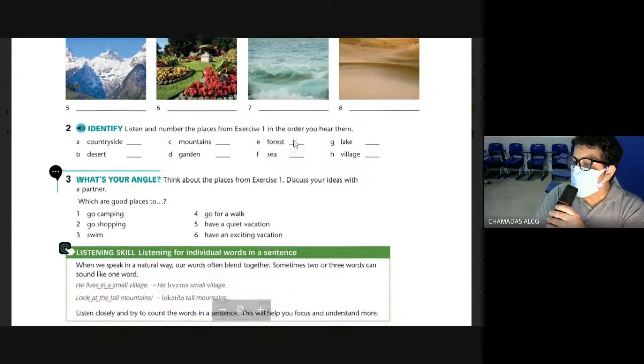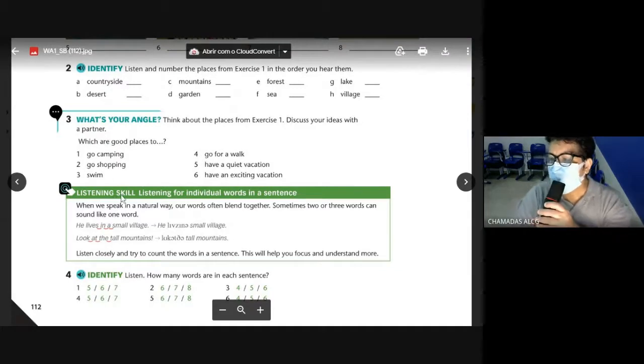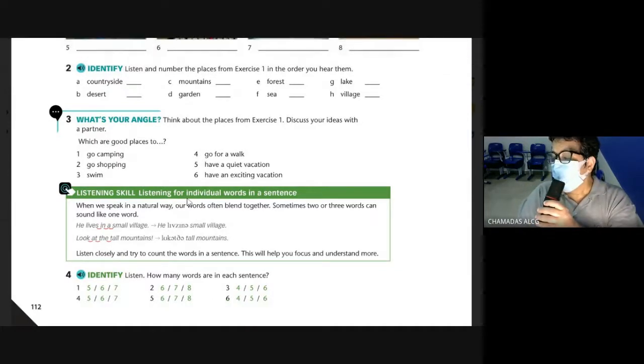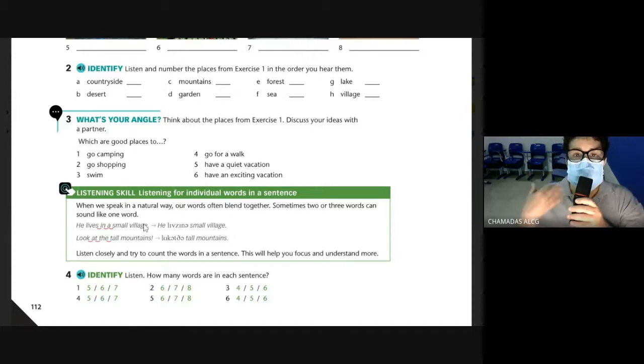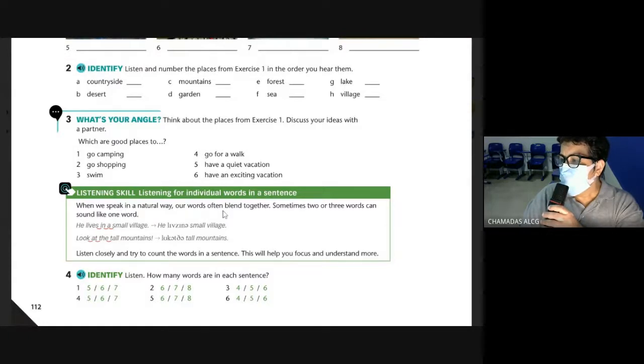Then, after that, we saw the listening skill box. And the tip was listening for individual words in a sentence. So they gave us a tip to listen for individual words. So when we speak in a natural way, our words often blend together.